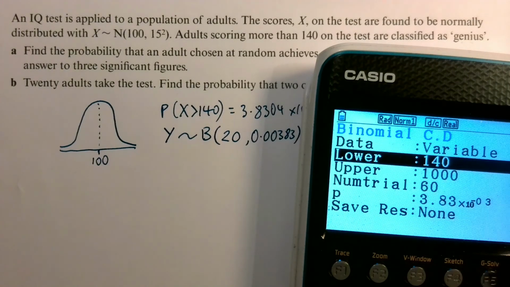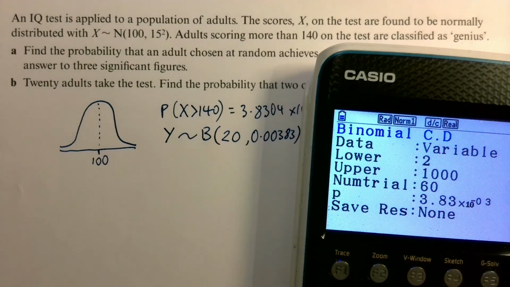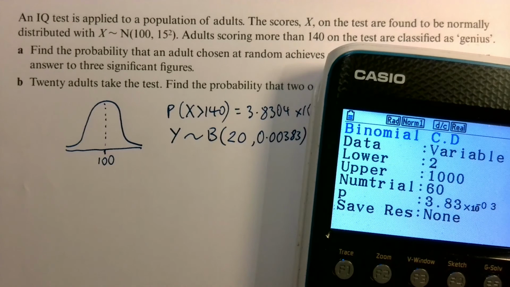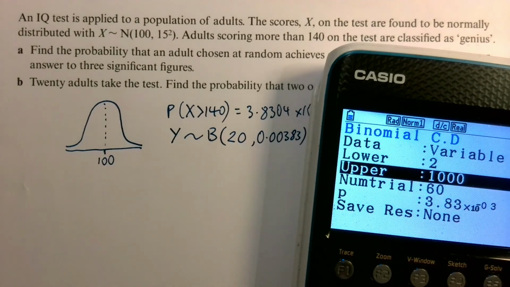Binomial, we want the lower to be 2, and it says 2 or more, so our upper will be 20.